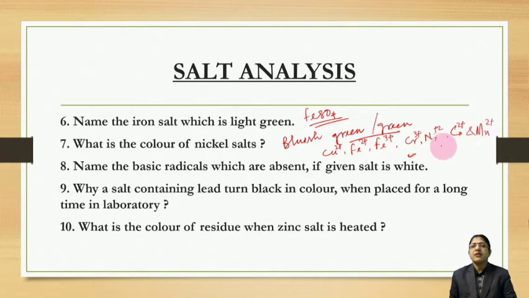It is just that the question is twisted: name the colored basic radicals, or name the basic radicals which are absent if the given salt is white. Right? Same question may be asked in different ways.